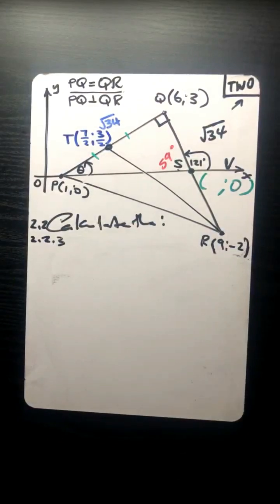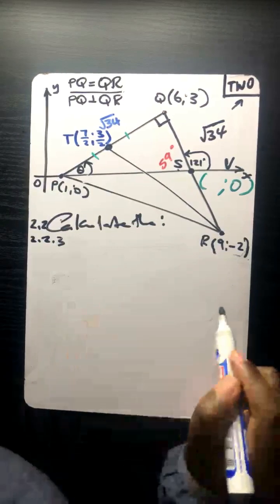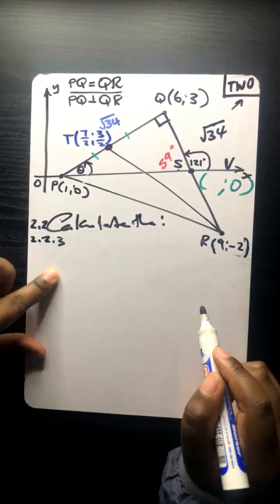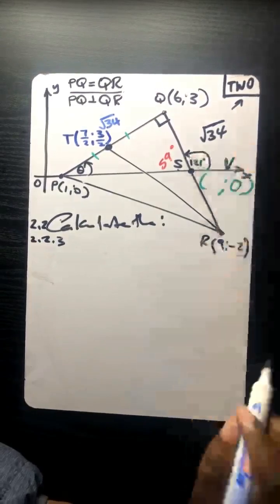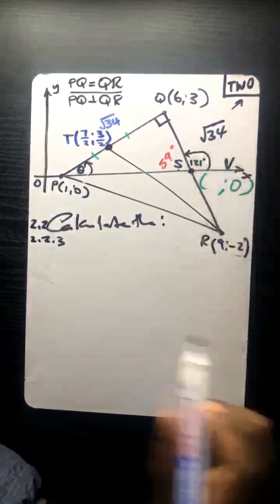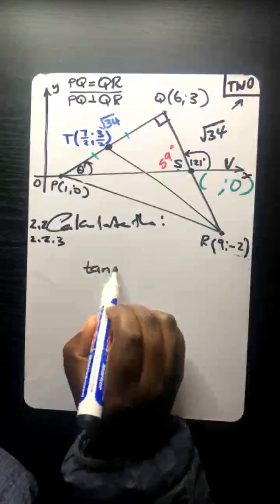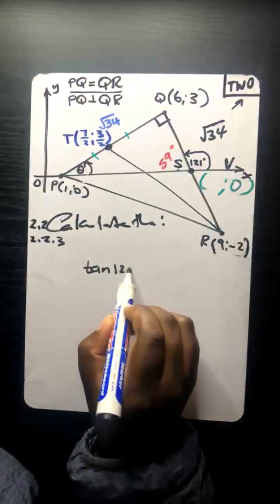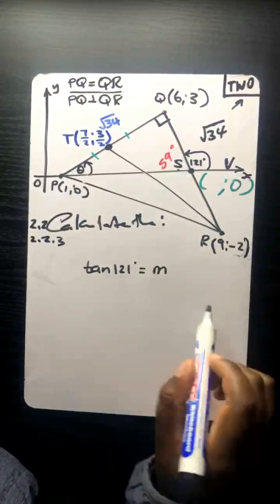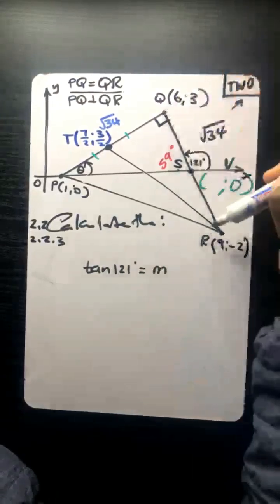Most importantly, guys, we do know very well that this is the angle of inclination. In that case, if we say tan of 121 degrees, we are definitely going to get the gradient of that line.